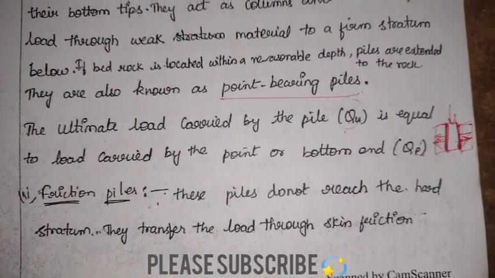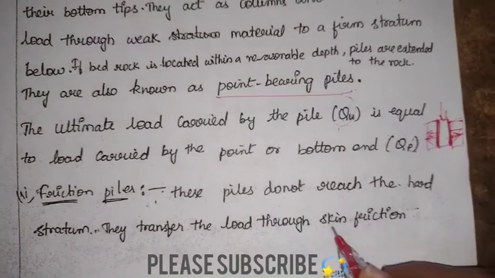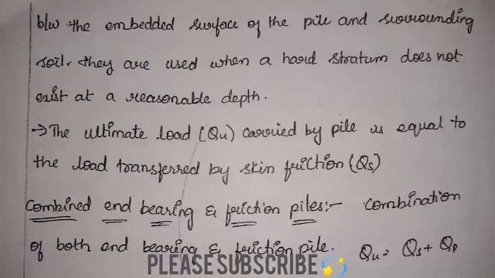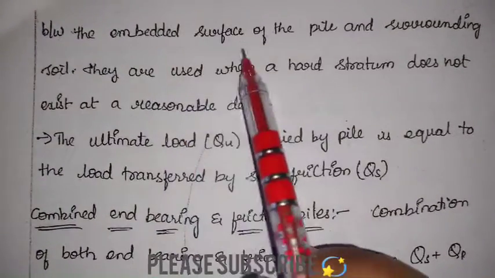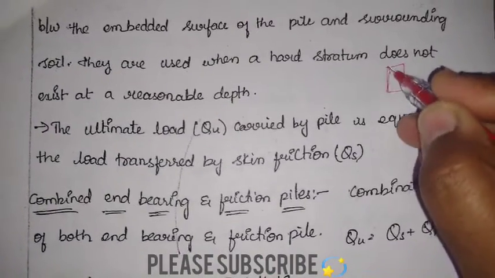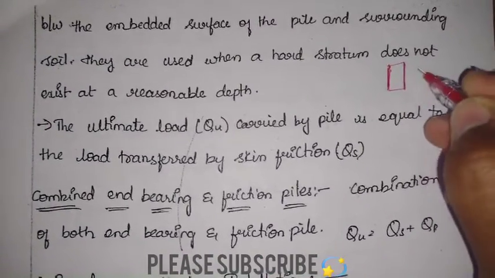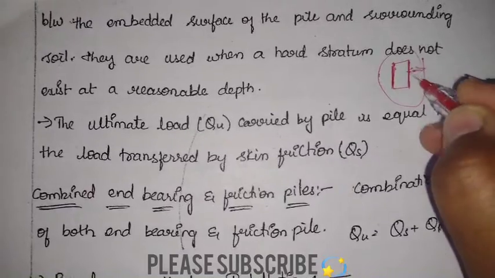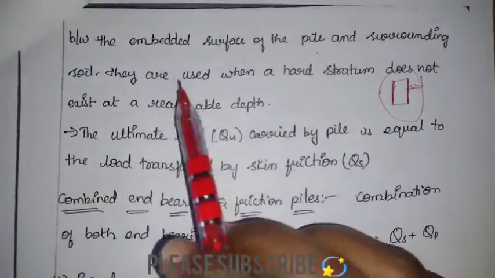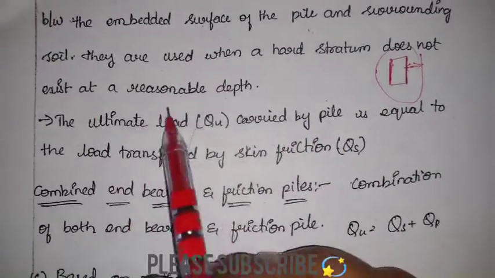Remember, here the main part of the load transfer is skin friction. That skin friction is between the embedded surface of the pile and the surrounding soil. They are used when a hard stratum does not exist at a reasonable depth.